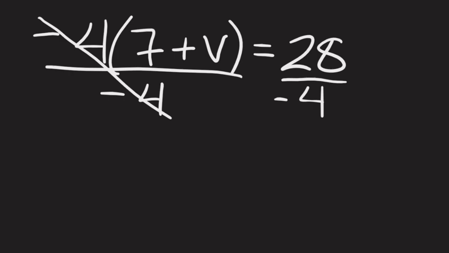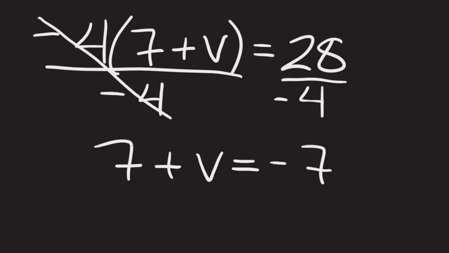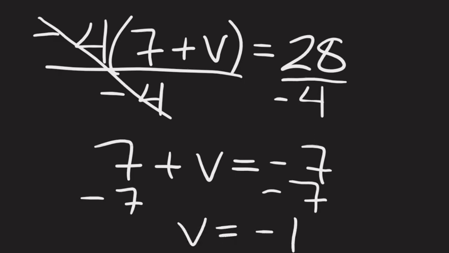If we divide by negative 4 on the left side of the equal sign, we're going to have 7 plus v equals 28 divided by negative 4, which is going to be negative 7. The last step to get v by itself is to subtract 7 on both sides, and we end up with v equals negative 14.